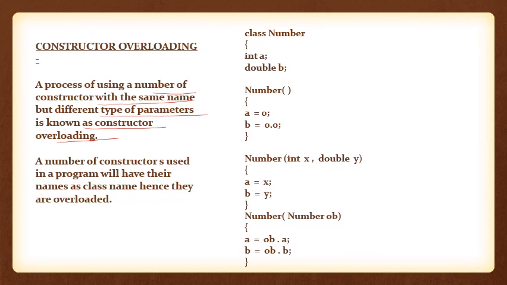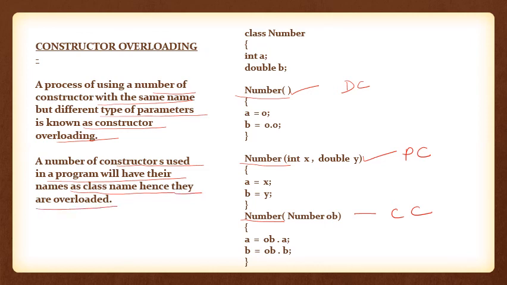The name is the same but the forms are different: here is no parameter, this one is a default constructor, then a parameterized constructor and a copy constructor. A number of constructors used in a program will have their names as the class name. Hence they are overloaded.